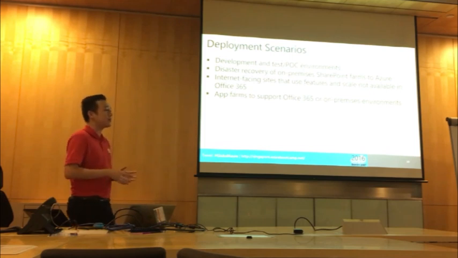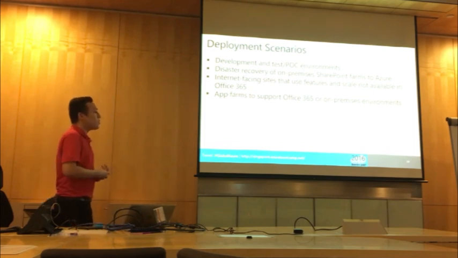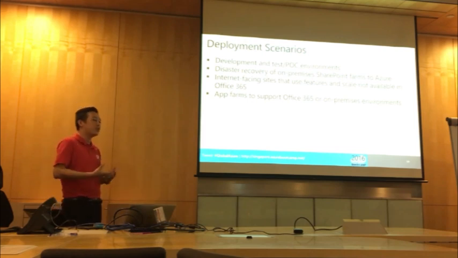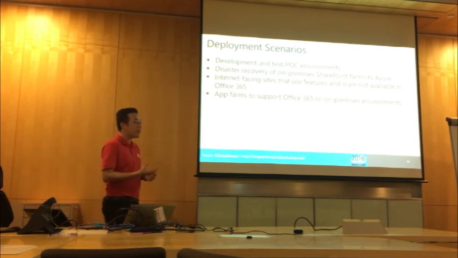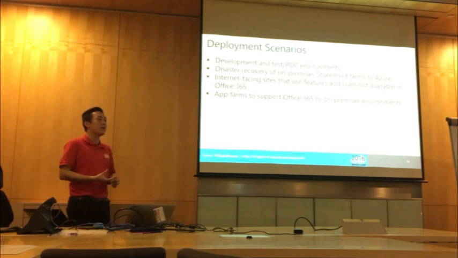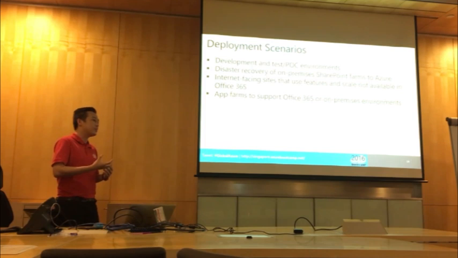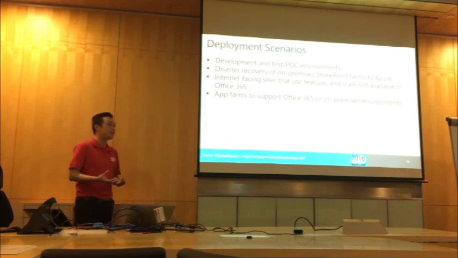And for internet facing, this is one of the most common scenarios that I have seen. So imagine if you want to build a public-facing SharePoint solution, right? You need to think about the scaling, because your website is going to be published to the internet and a lot of people accessing your website. You have to care about the high traffic coming.